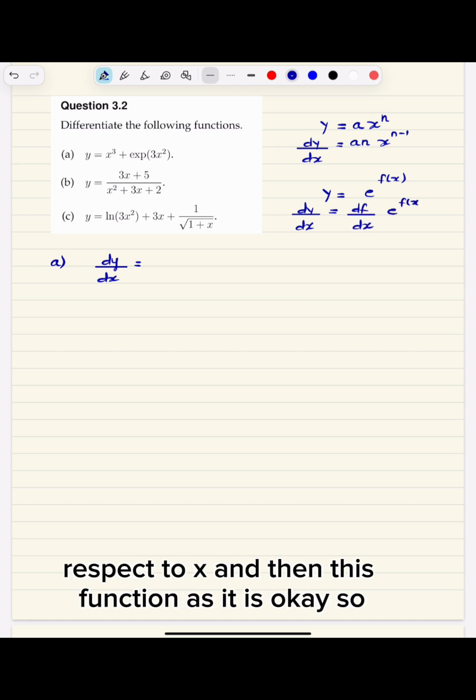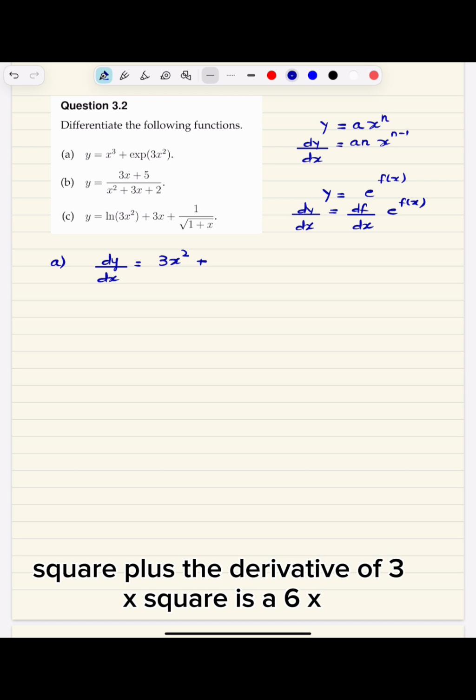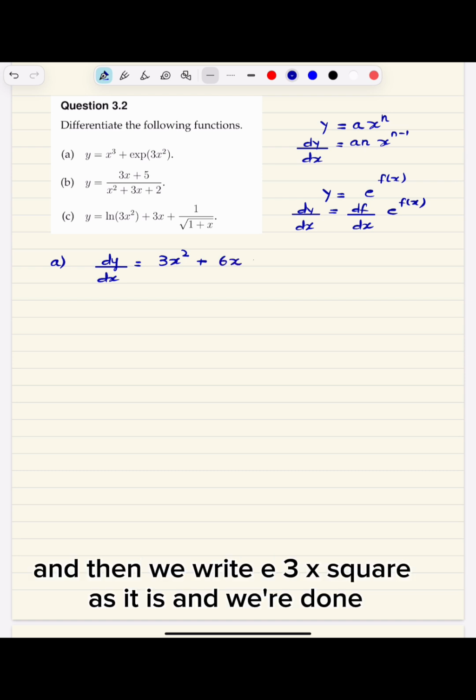Okay, so using these rules for the first part, we have 3x^2 plus the derivative of 3x^2 is 6x, and then we write e^(3x^2) as it is, and we're done.